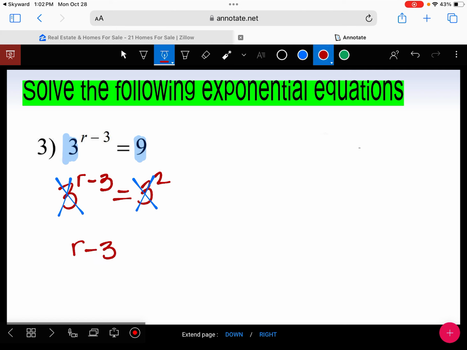Set your exponents equal to each other. Solve it for r. So we're going to add the 3, and we should get r equals 5. Any questions? Who remembers this from Algebra 2? Okay.